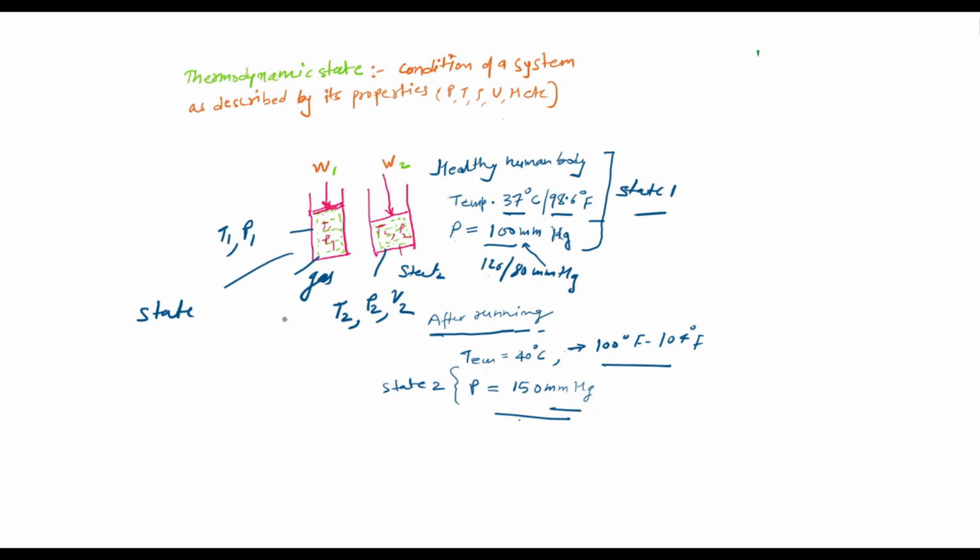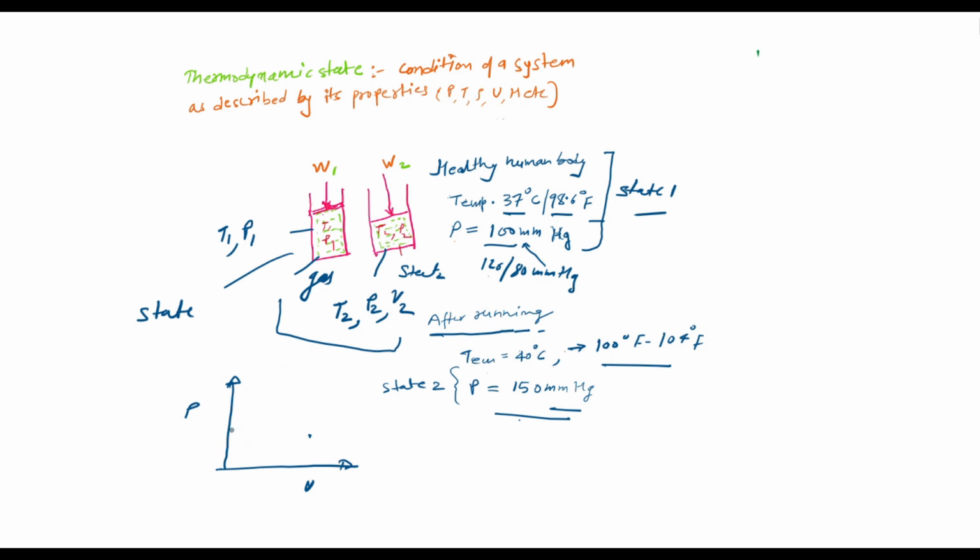For the human body, this is a very complex system, but here this is a very simple system, a piston cylinder. When we draw this state in a PV diagram, initially the volume is V1 and the pressure is P1.